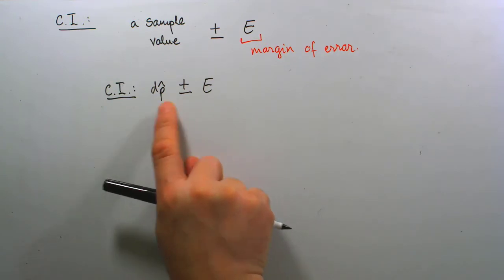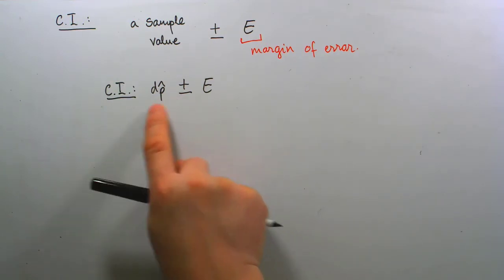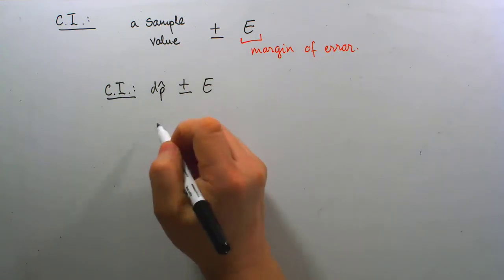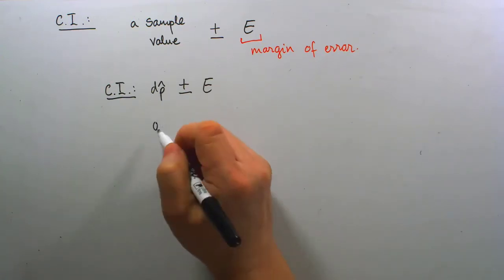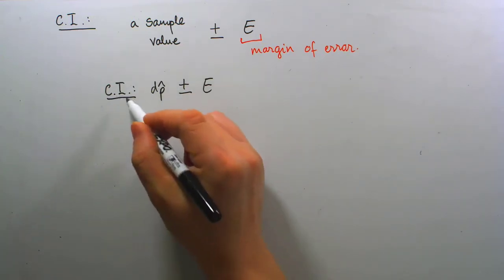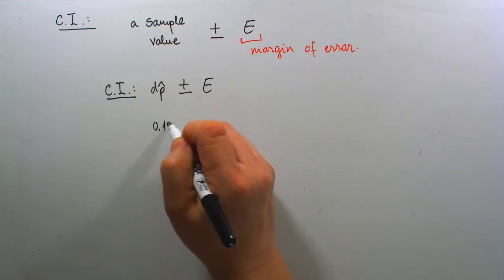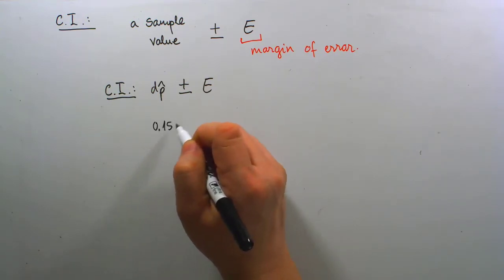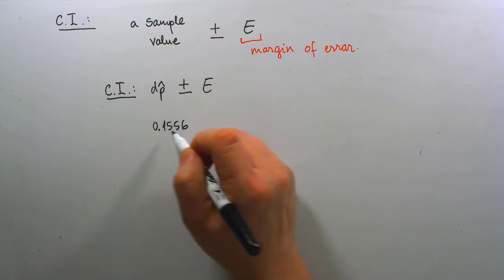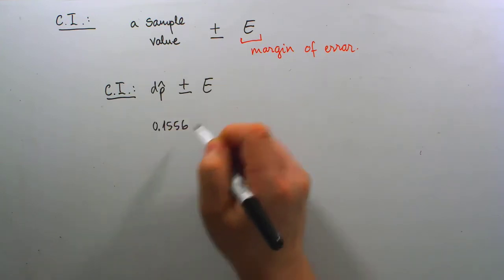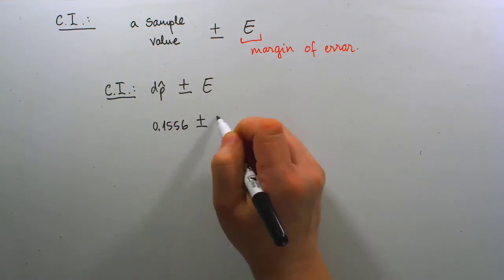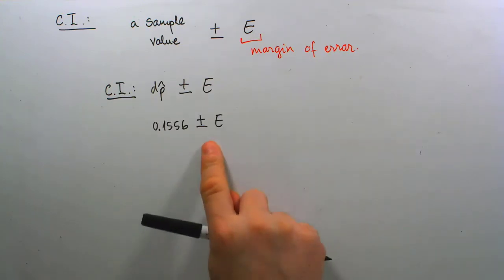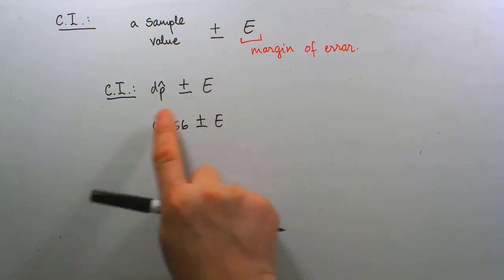And even further, since we already have the value for dp hat, I know for sure that at the end, when we finally come up with our confidence interval, it should be taking 0.1556 as a center point, a middle point in our interval, and adding and subtracting a margin of error. So this is the main goal that we're looking for.